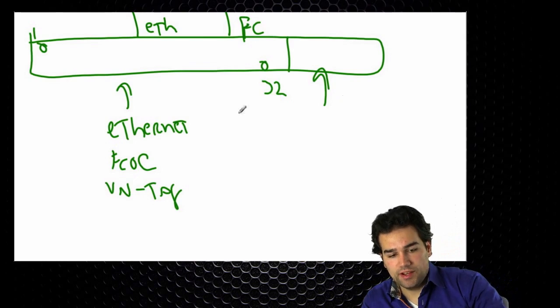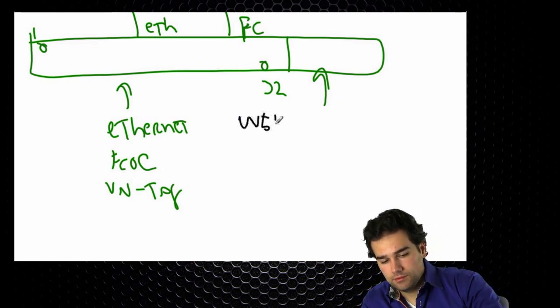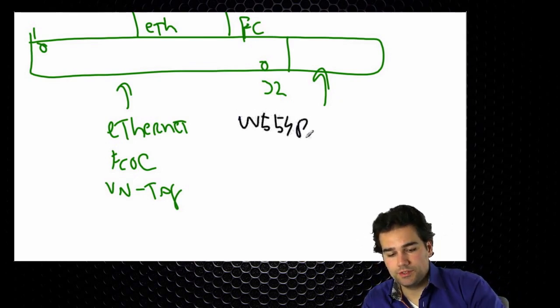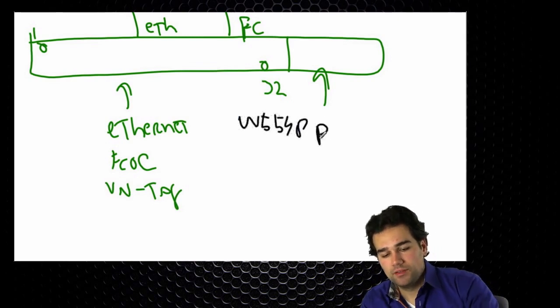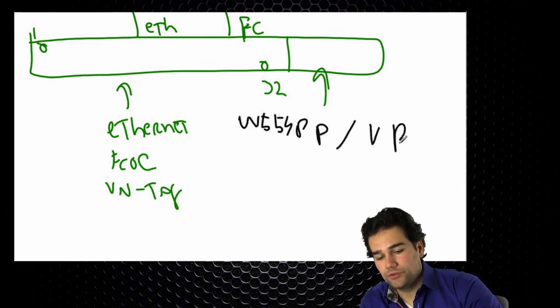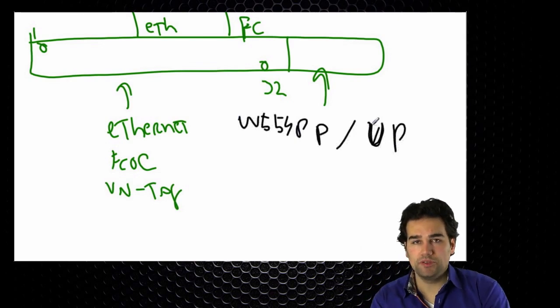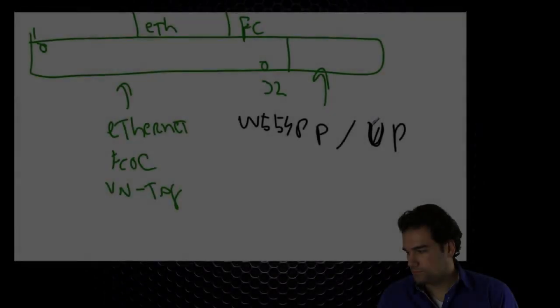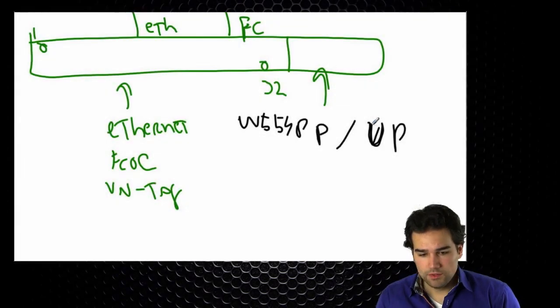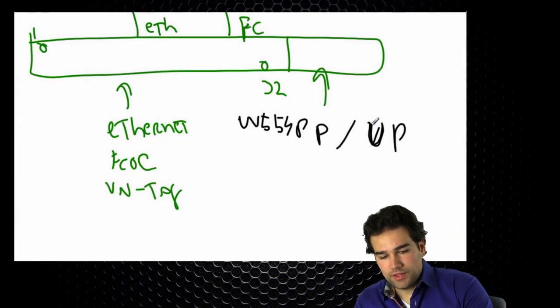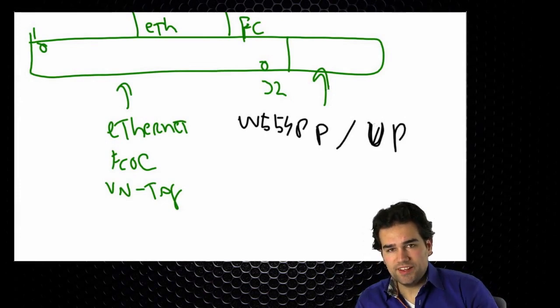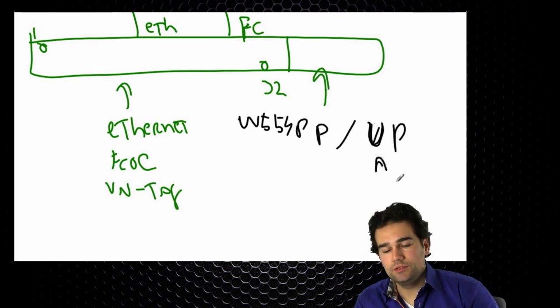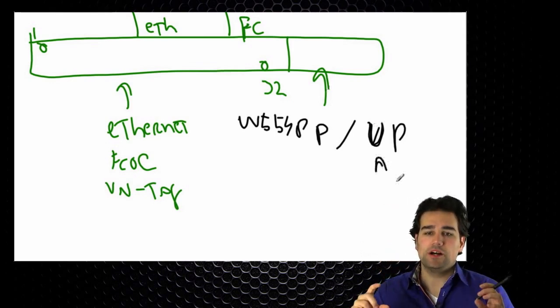The Nexus 5548 comes in 2 models. There is a P version and there is a UP version. Now the UP version is what they use to build the Fabric Interconnect with. All right, so coming back to my story, the Fabric Interconnect uses the UP model as its base hardware model.